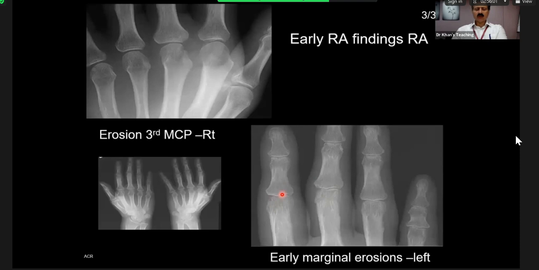Now, the pattern of joint involvement is very important. We can see that the metacarpophalangeal joint is involved. We can see that the proximal interphalangeal joint is involved. On the other hand, the distal interphalangeal joint is not involved. This is a key point for the exam.